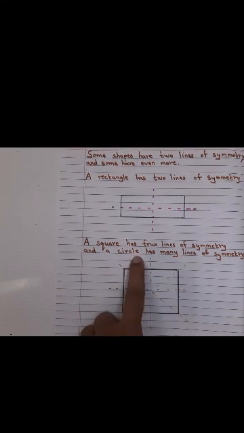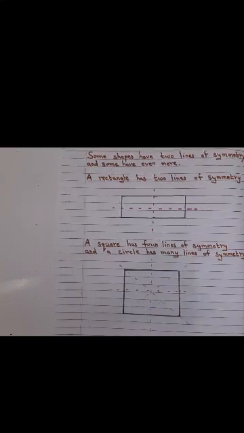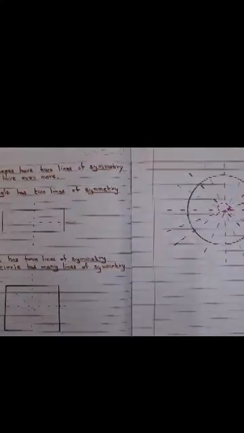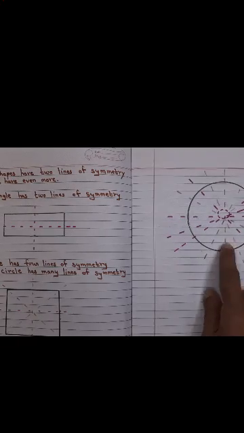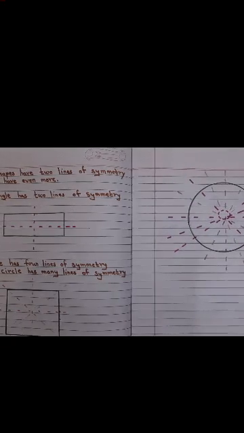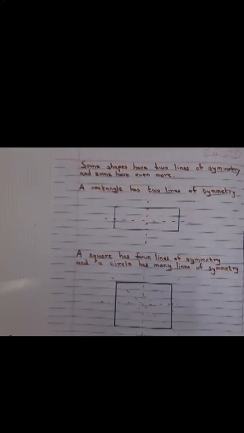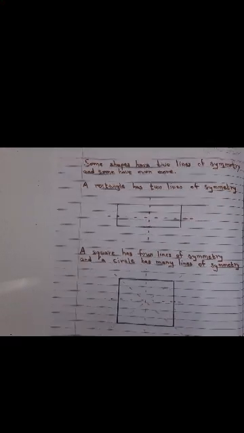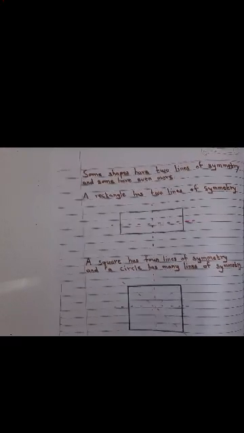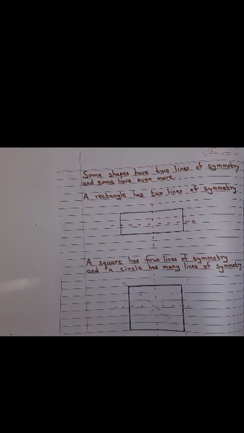Now a circle. The circle has many lines of symmetry. Can you see this? Okay. So a circle has many lines of symmetry. Now children, for this also I had some colored pictures which you can take a printout of and stick in your book. So you will remember them well.